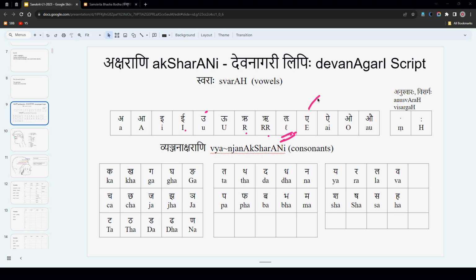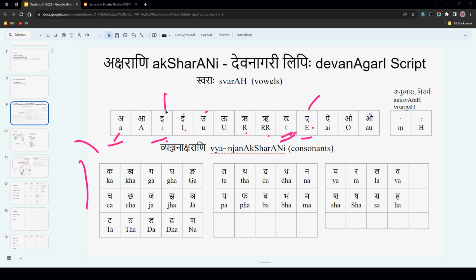And there is a combination of a and e, and it becomes ai. So a is kantha, e is talavya. So this is kantha-talavya, both the positions. The air starts coming out of the kantha freely, and then after that, to make it ai, e is added very quickly after.